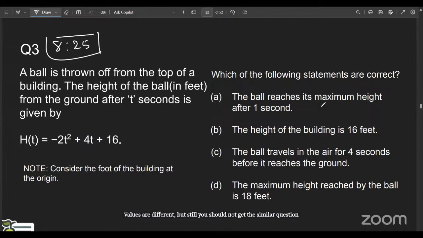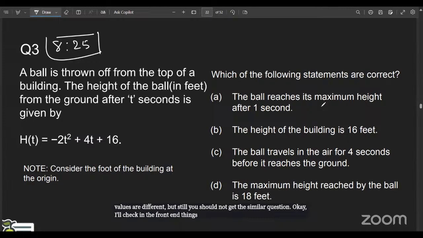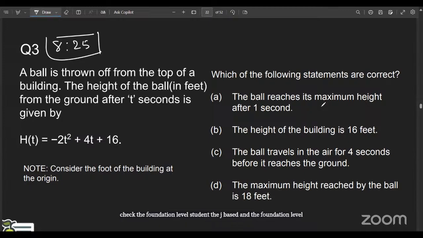Okay, I'll check with the front end. I also thought they were identical, but check here, it's identical, at the foundation level. Not only me and you and Deepak, many people have raised the same issue during the inspector and TA sessions in the past week, similar questions, almost 3 or 4.